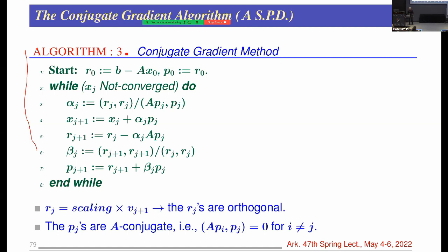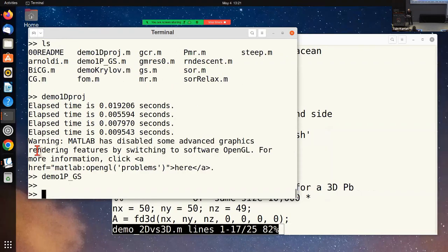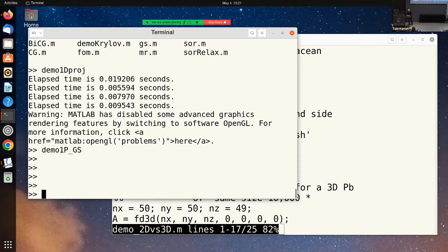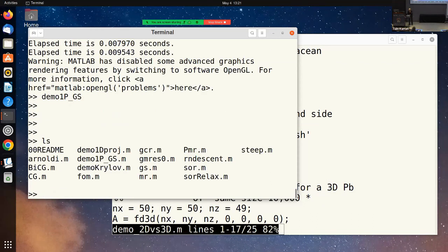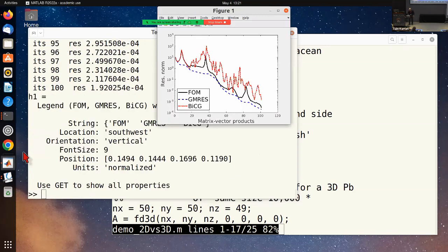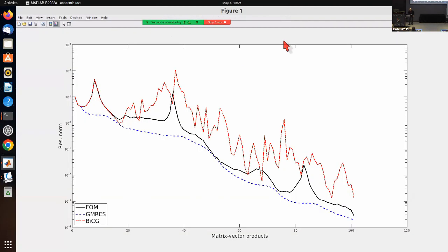Okay, so now let's see here. I thought I had, yes, I got Krylov, Demo Krylov. Let's look at that. So here are a number of methods. One of them I didn't talk about in this discussion here.